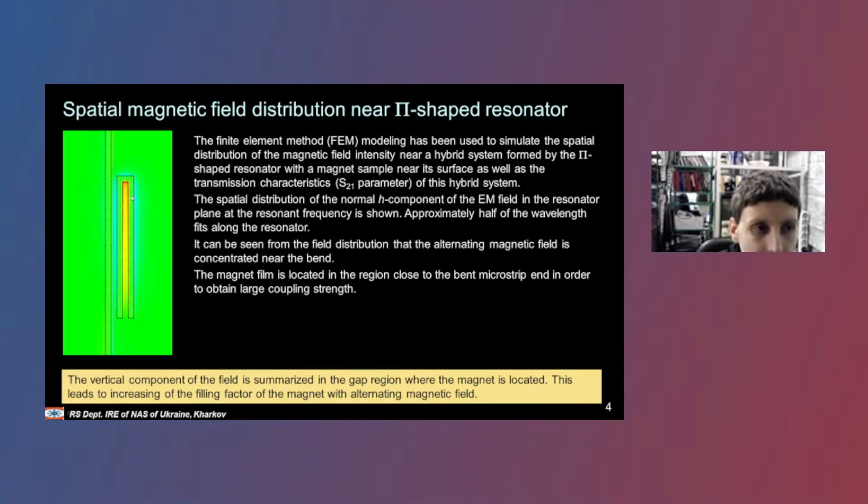The resonator fits about half of a wavelength. This mode is the lowest mode for such a resonator. As we can see from the field distribution, the alternating magnetic field is concentrated near the bend of the resonator.